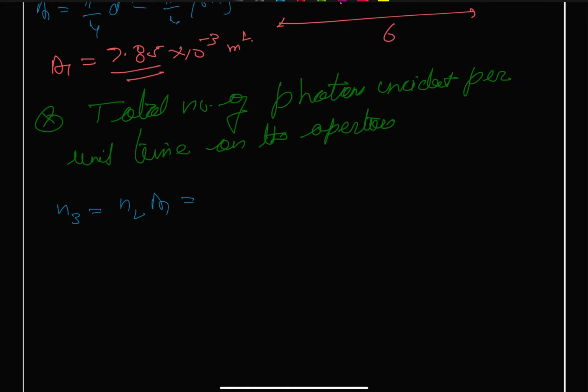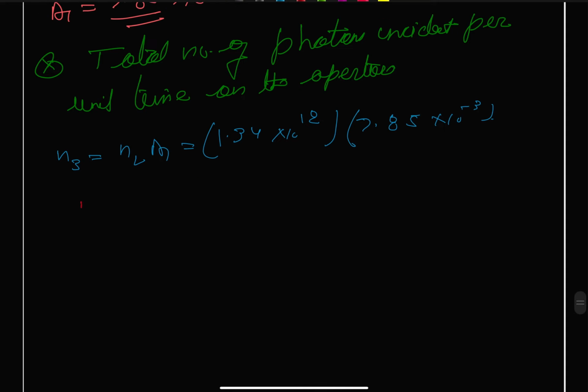So this comes as 1.34 into 10 to the power 18 multiplied by 7.85 10 to the power minus 3. So this gives us that our N3 is equal to 1.052 into 10 to the power 16.